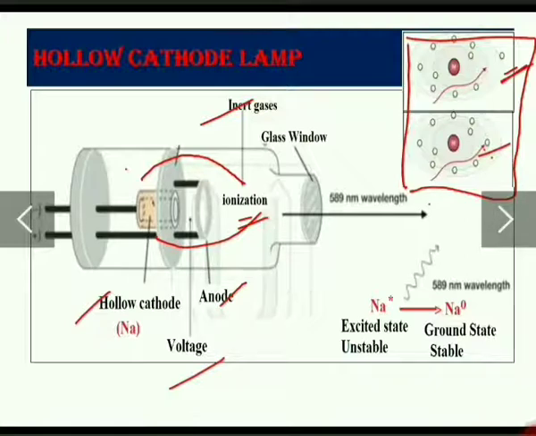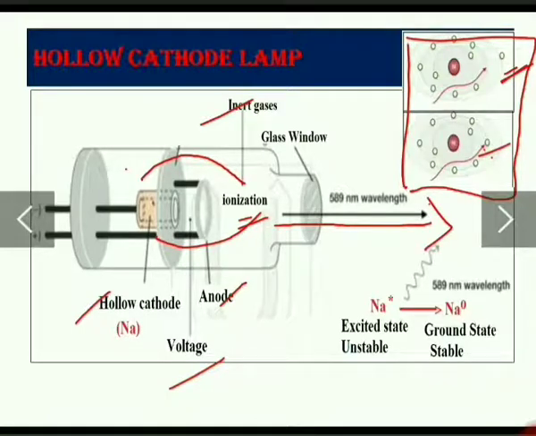It always wants to come back to the ground state. When it comes back to the ground state, it releases the characteristic radiation, that is energy of wavelength 589 nanometer. So this light will come out of the glass window.